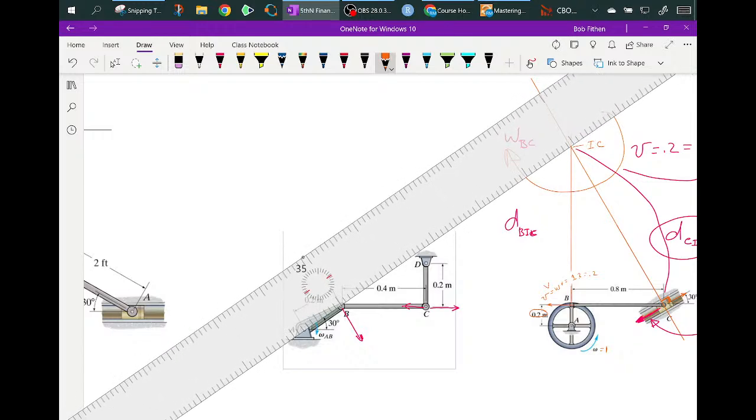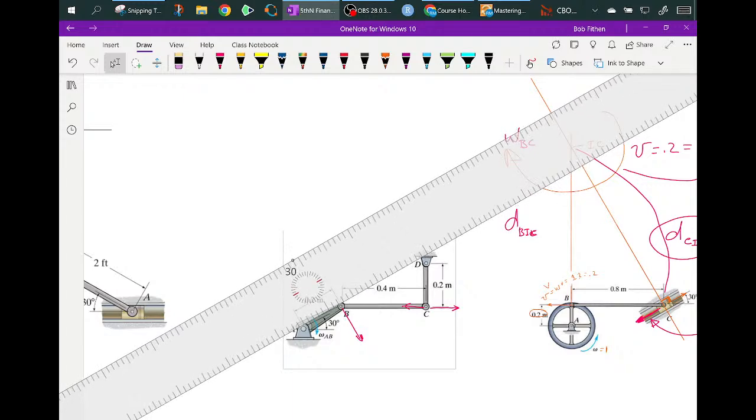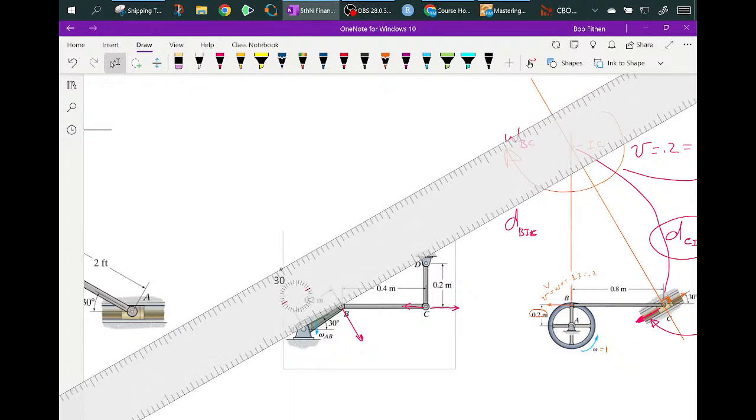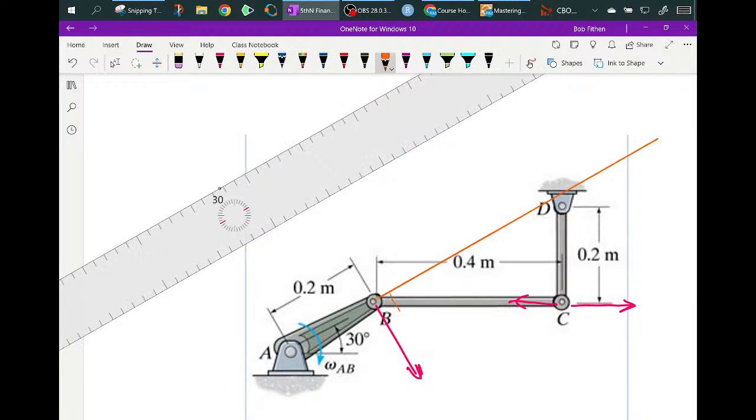Okay, so there's my perpendicular to one of them. Meaning, I do this.